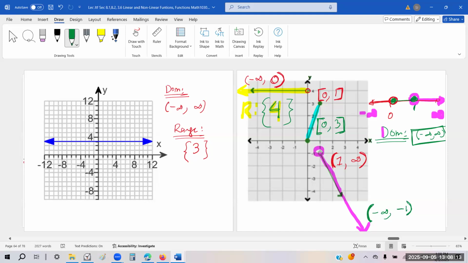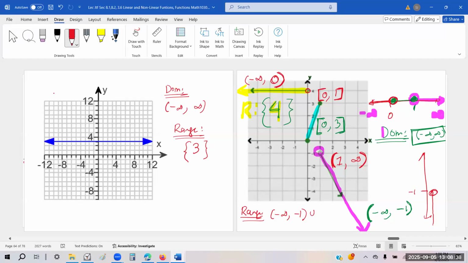Now, if you look at the range together, we have to start from the smallest one. We have negative infinity to negative 1.